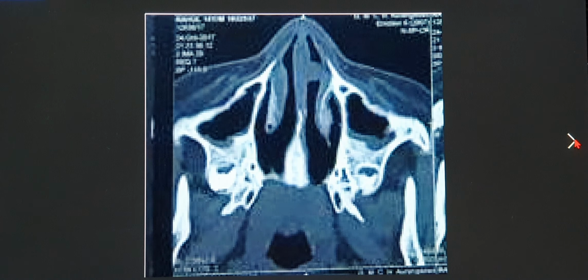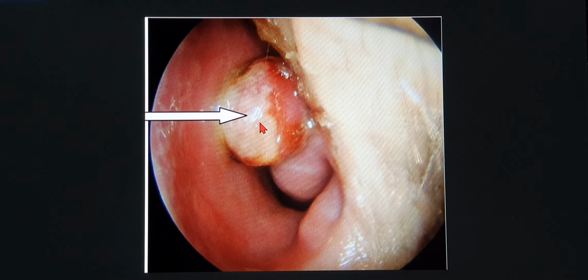On proper endoscopy after decongestion, we could see this mass like this. These are nasal secretions which have undergone crusting because of excessive exposure to dry air, and you can see the yellowish-whitish crust formation, though not a very chronic case.